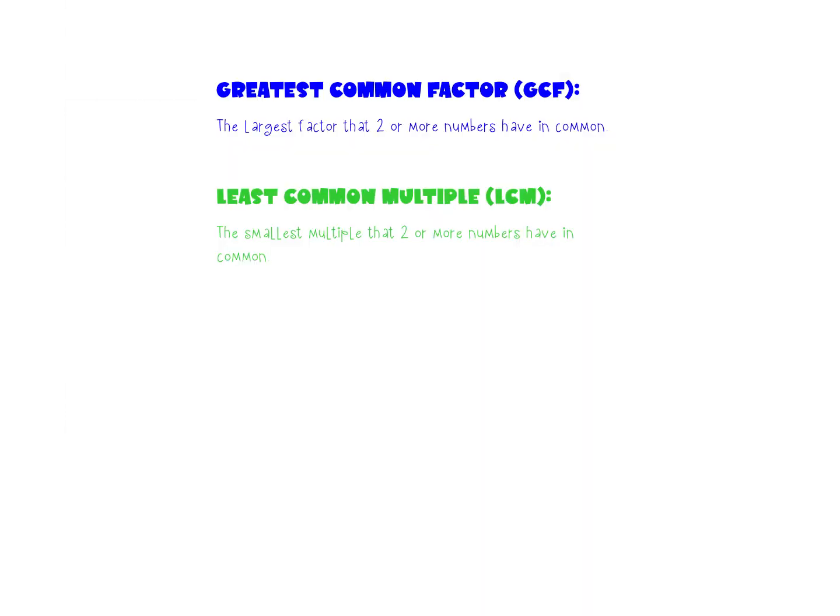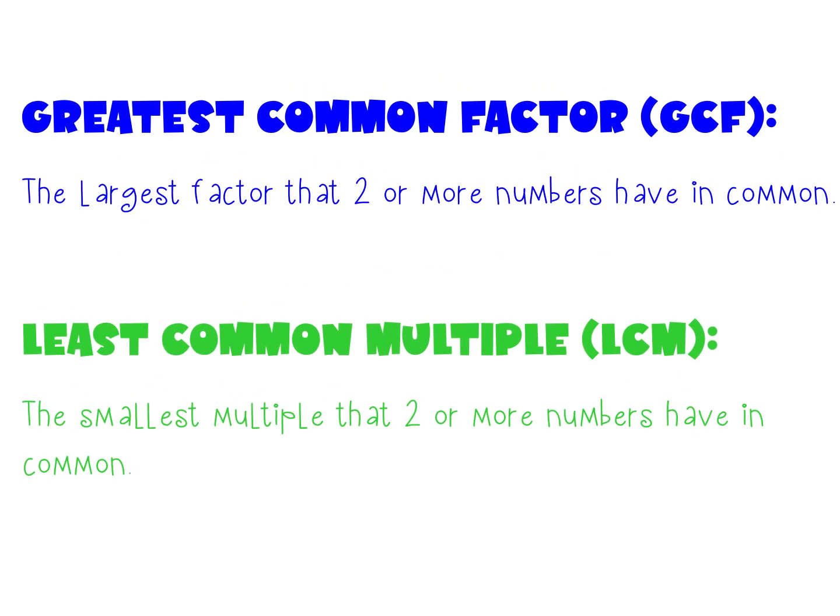Okay, here we go. All right, so let's start with defining GCF and LCM, making sure we understand what they are. So GCF stands for greatest common factor, and greatest common factor means that it's the greatest or the largest number that is a factor of 2 or more numbers.